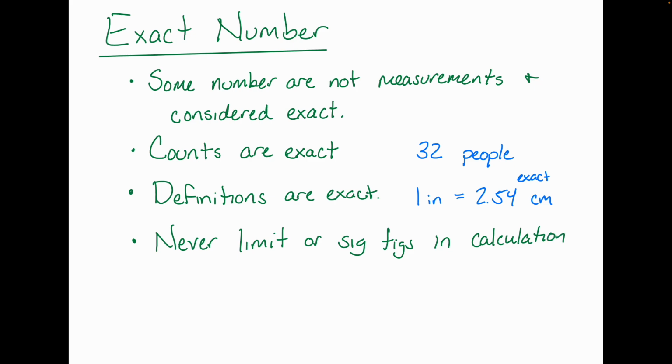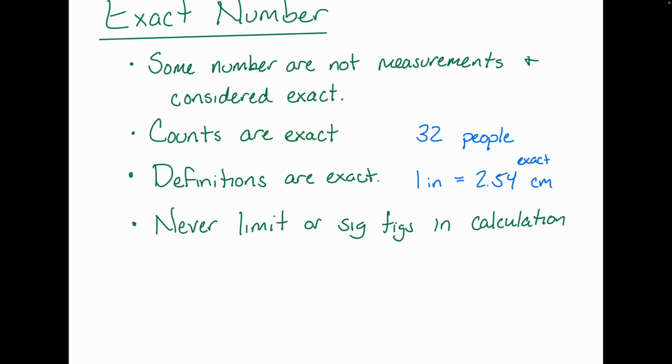You basically get to ignore those terms in your math problem when you're figuring out your sig figs. And we'll see a bunch of examples in this because we're going to get to using this page here by the end of the day today. All right?